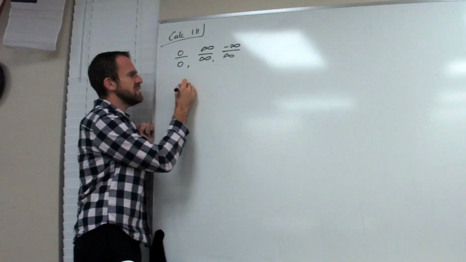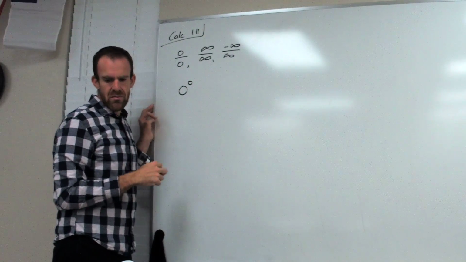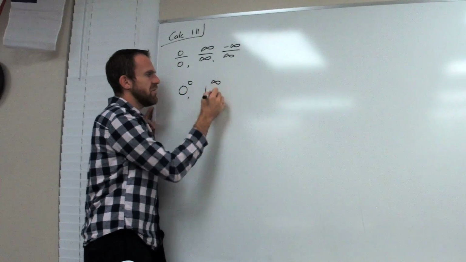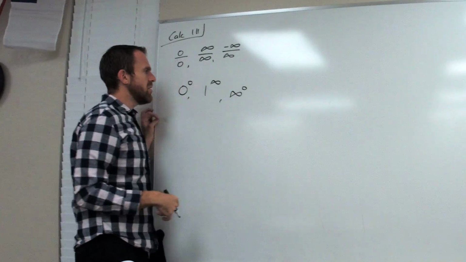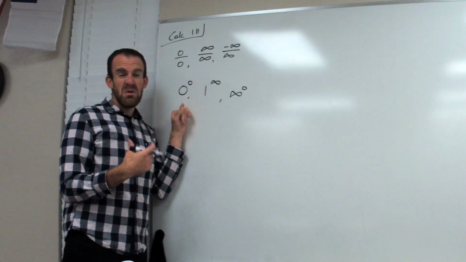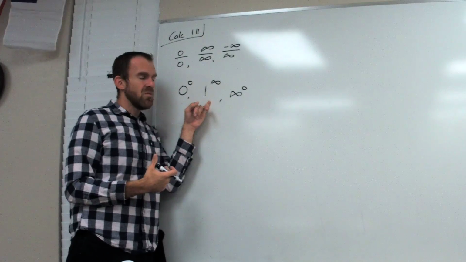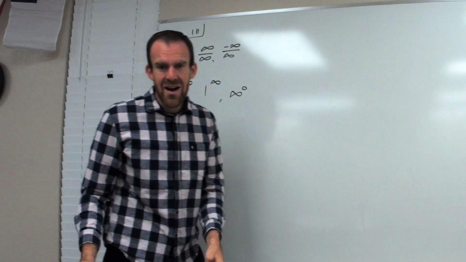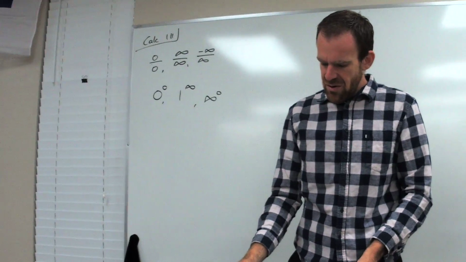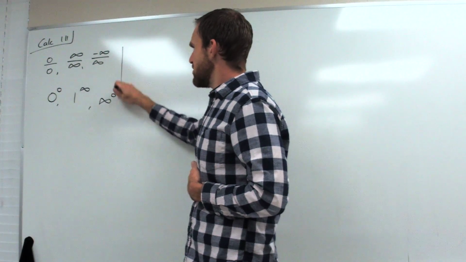What if we have 0 to the 0 power, or 1 to the infinity power, or infinity to the 0? It feels like this should be 1, feels like this should be 1, feels like this should be 1, but it's not always the case. So let's go ahead and look at some examples here.